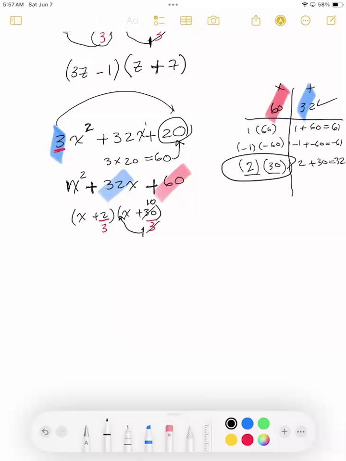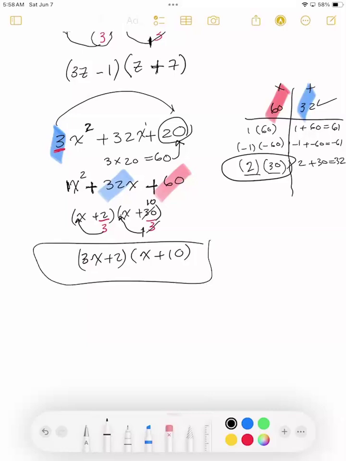You move this here and you move this here. So you get 3x plus 2. If you have a 1, you don't need to write it. And when you're working in Alex, you better not write a 1 here. This is not mathematically incorrect, but I don't know if Alex likes you to write a 1 here anyways. So don't write it when it's 1. So that is your answer to this problem.